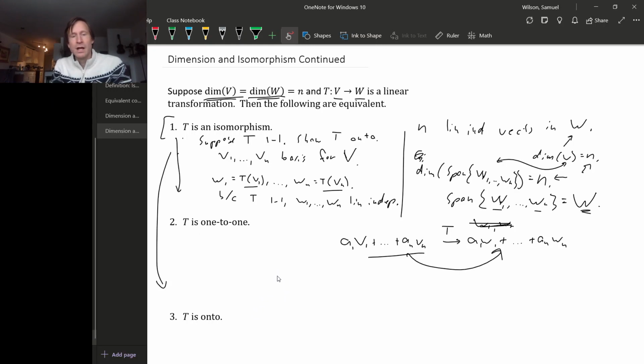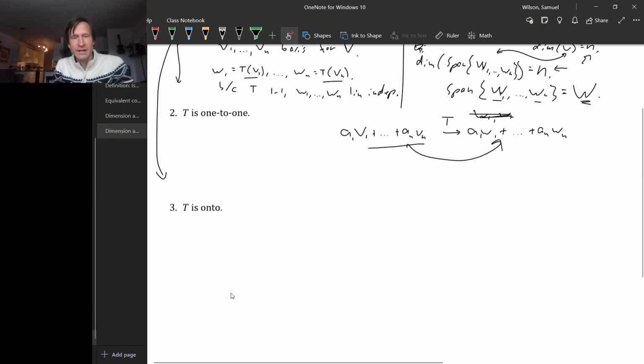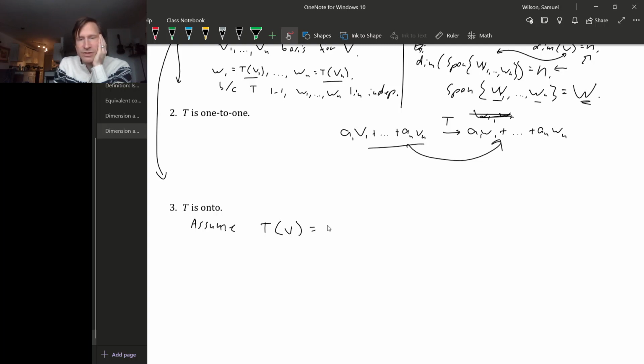All right. So now, supposing that these dimensions are both equal to n, let's show that onto implies one-to-one. To show that something is one-to-one, you need to assume that T applied to x1 is equal to T applied to x2.